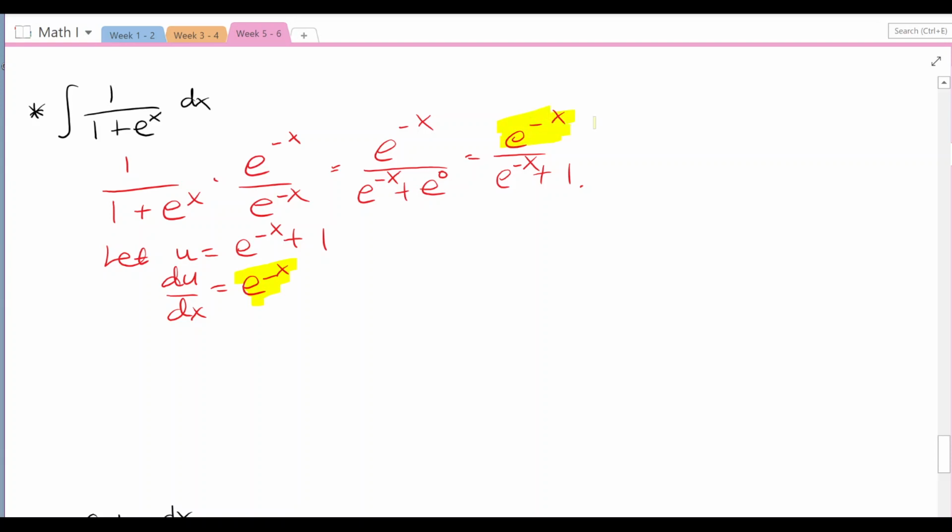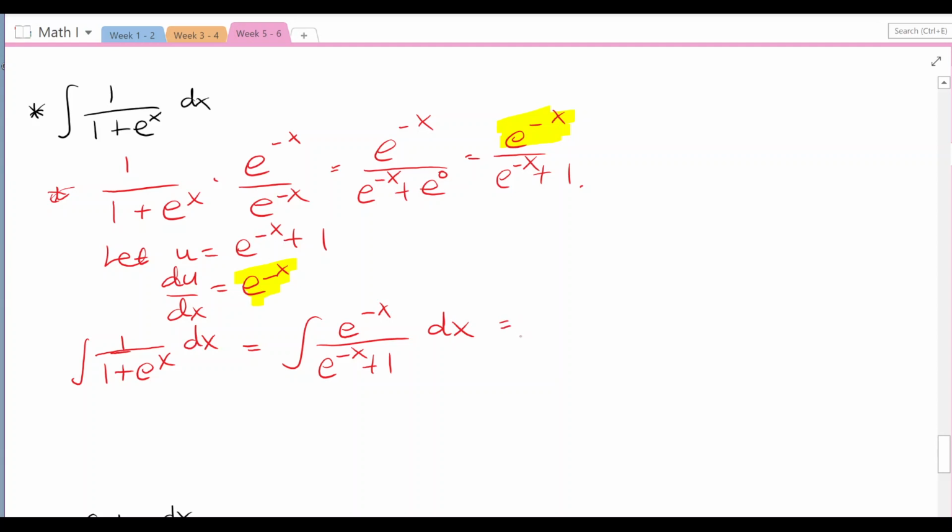So now we change the equation. Okay, let's write it here. The integral of 1 over 1 plus e to the x dx equals, since we modified this part here, the integral of e to the negative x over e to the negative x plus 1 with respect to x.